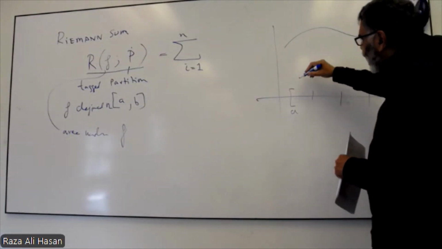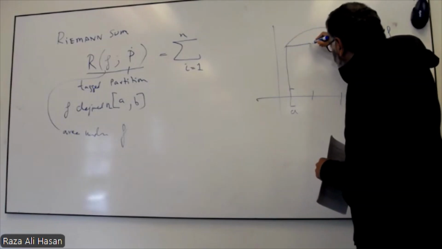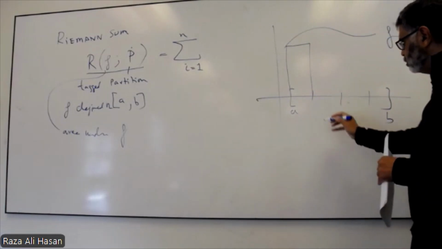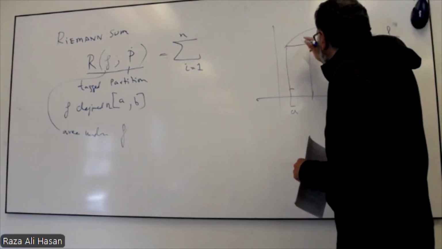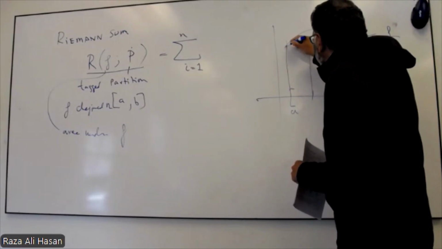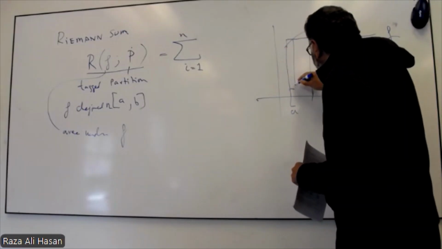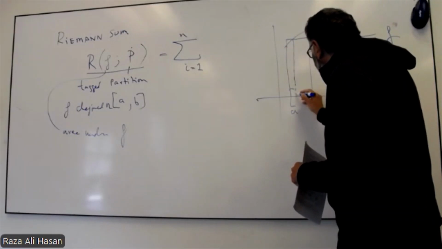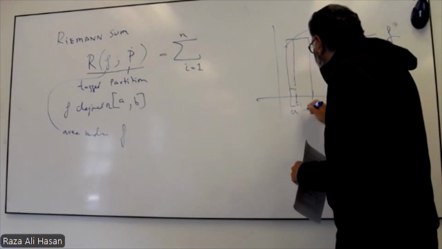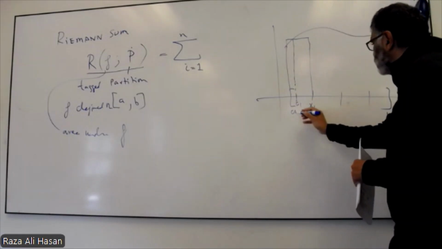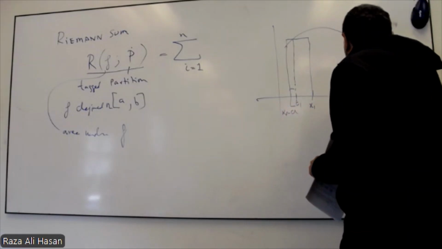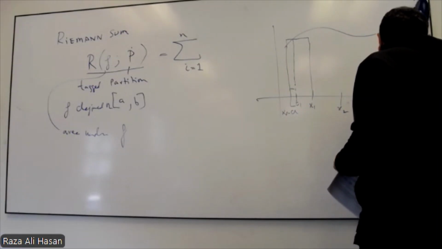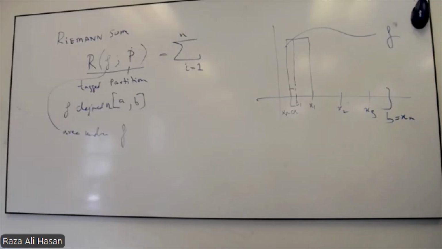And so the rectangles, let's say, I think I'm going to do this here. So this guy here will be our tag, t1. So this is x1, this equals x0, x2, x3, and then xn.